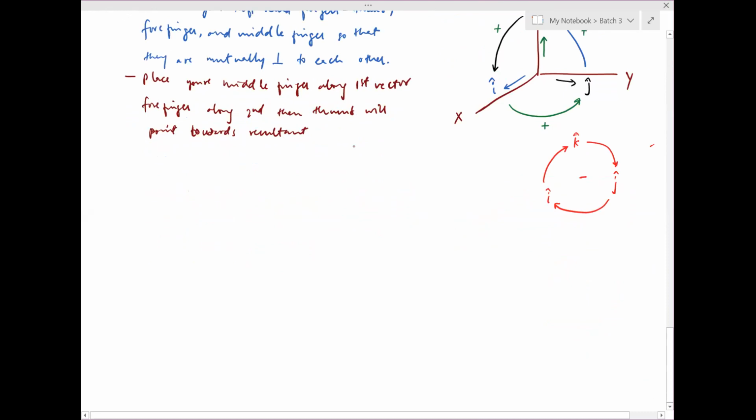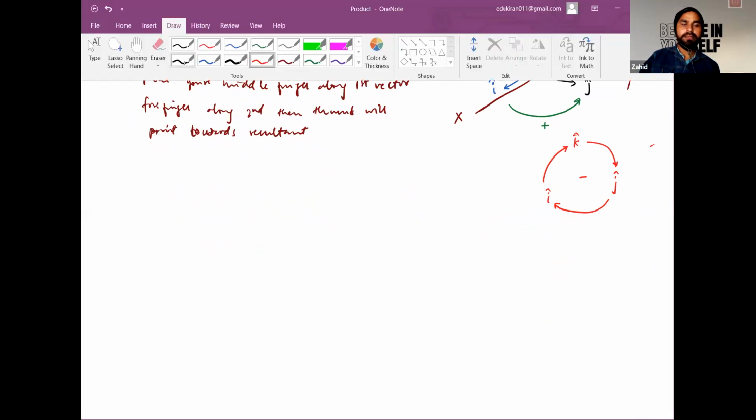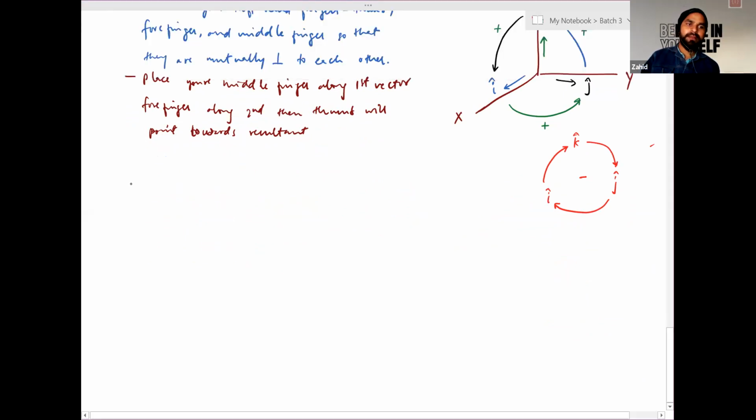Okay. Now the next thing is how to calculate the cross product. We'll use the determinant method.